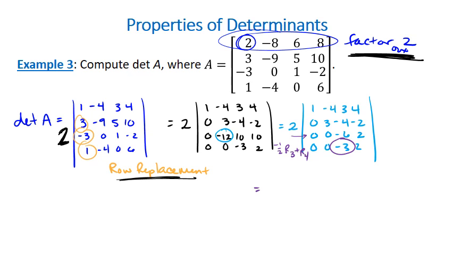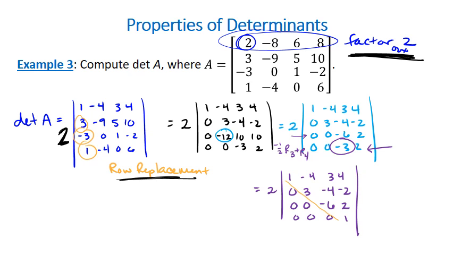So this becomes 2 times the following. Okay, so this fourth row is 0, 0, 0, 1.